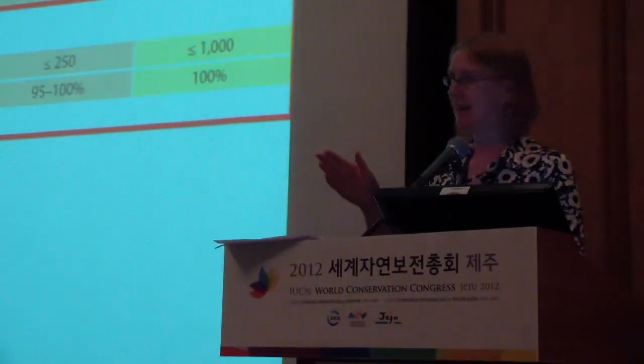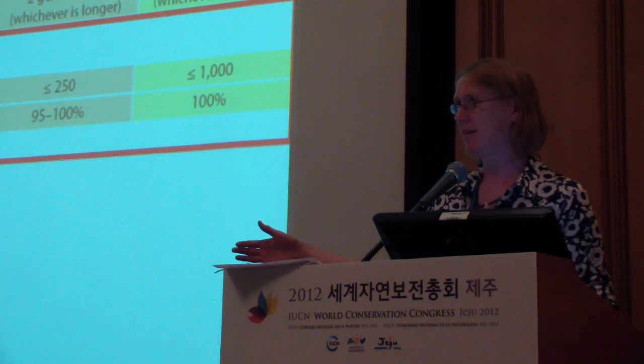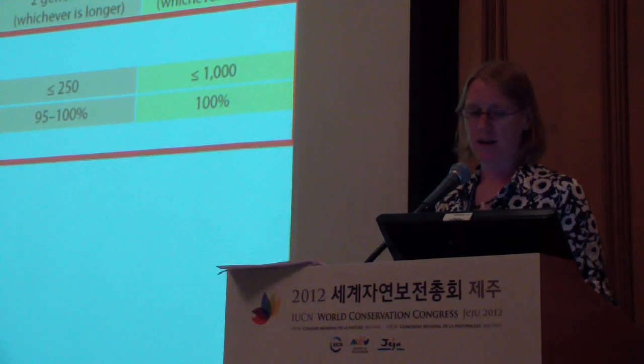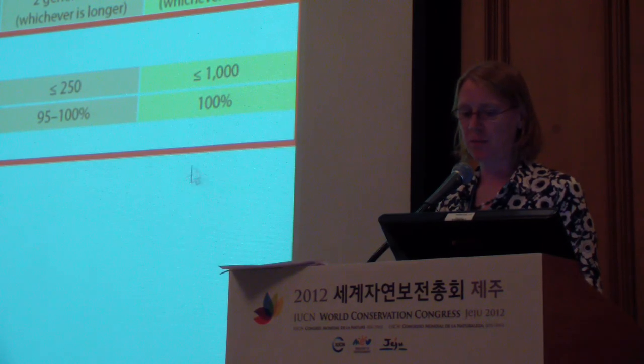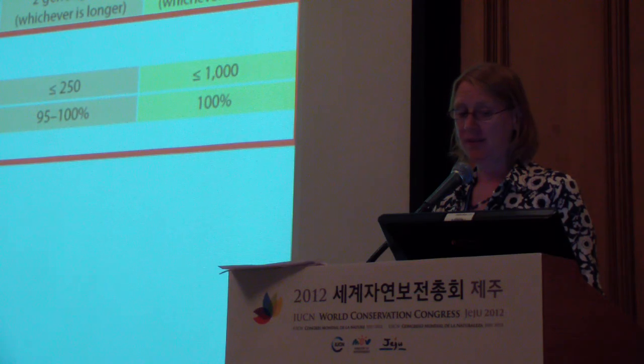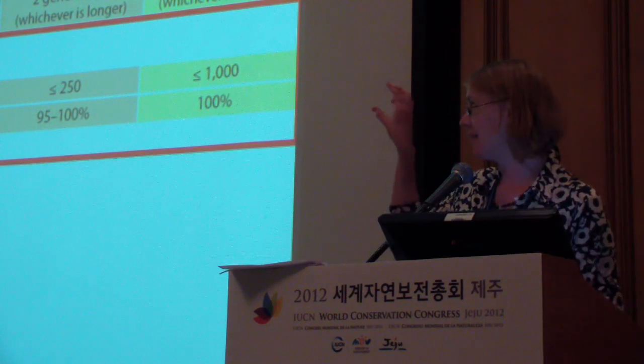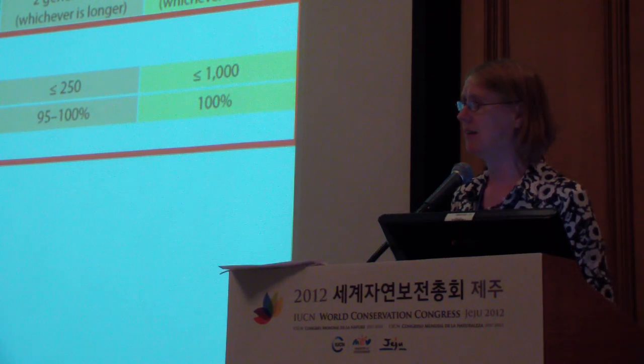So for critically endangered, you would be using a minimum of 3 years or 1 generation if that's longer than 3 years. But then for endangered, you would be looking at a decline of 20% within 5 years or 2 generations, whichever is the longer. So it's actually stated there in the sheet.